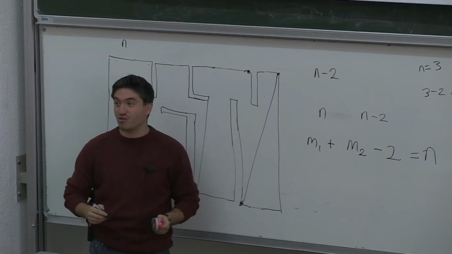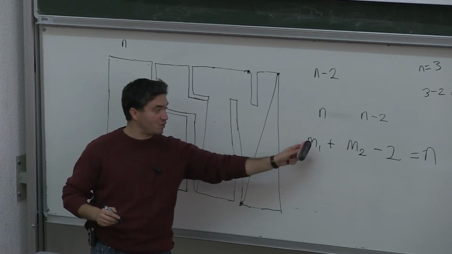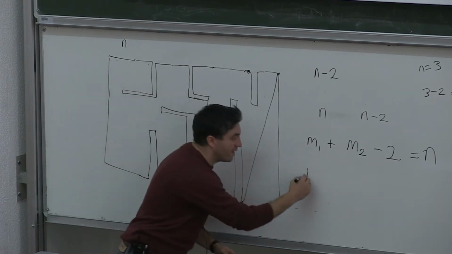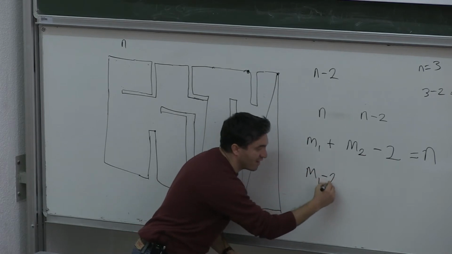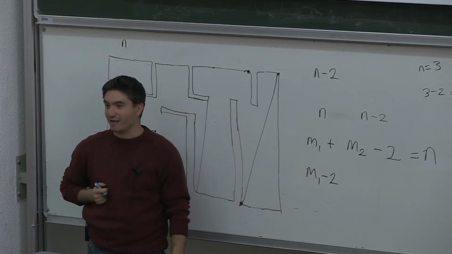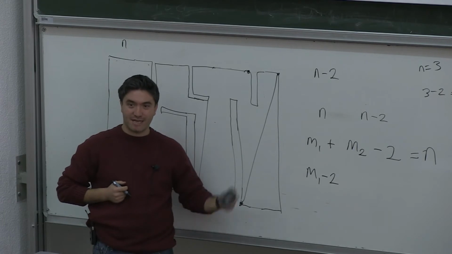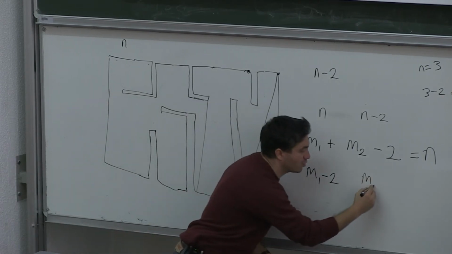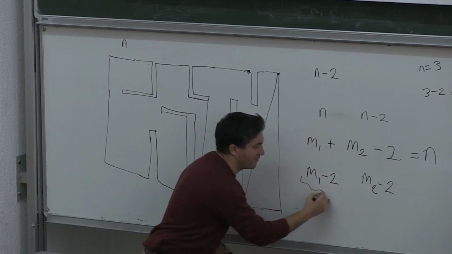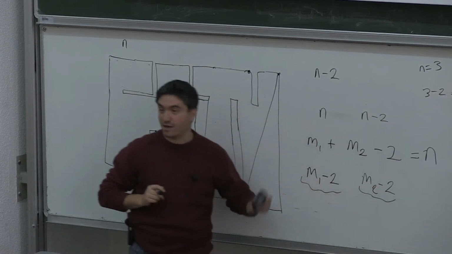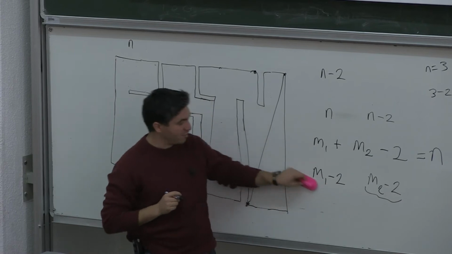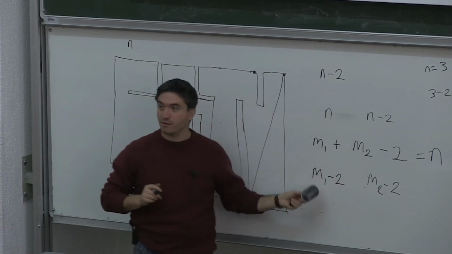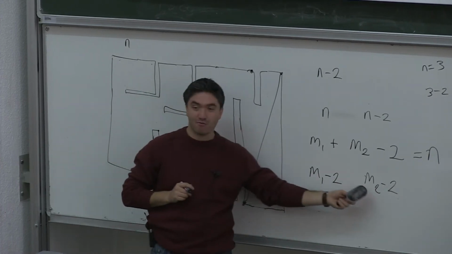So the number of triangles in a triangulation of this part of the polygon is how many triangles? m1 minus 2 triangles, and the number of triangles in the other part is m2 minus 2 triangles. So these are coming from my induction assumption, okay? I assume that this is true for polygons with fewer than n vertices.